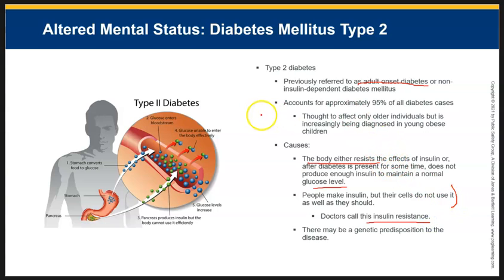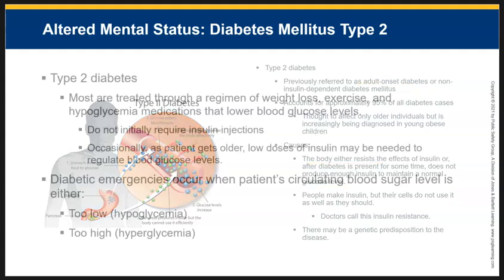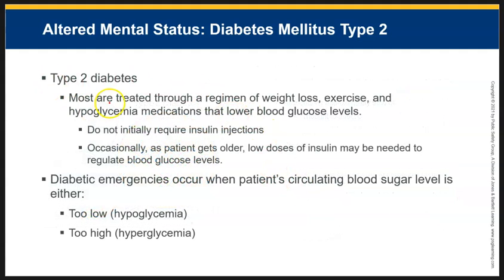Now, because the insulin is present and perhaps just the ability of the cells to use it is limited, we find that with adult onset diabetes, you can treat it through things like weight loss and exercise, or consideration of the meals that you eat, maybe avoiding simple sugars to avoid high blood glucose levels.